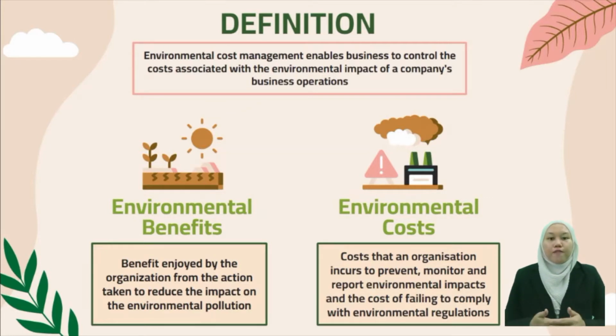So, for the environmental benefits, it is the benefits enjoyed by an organization from the action taken to reduce the impact of the environmental pollutions. It is included in reduction or elimination of the carbon dioxide and other greenhouse gas emission along the length of the fuel chain. So, as a conclusion, an effective control of environmental costs and the promotion of environmental benefits will definitely help to increase a business overall profitability.